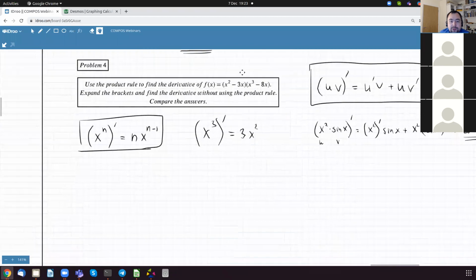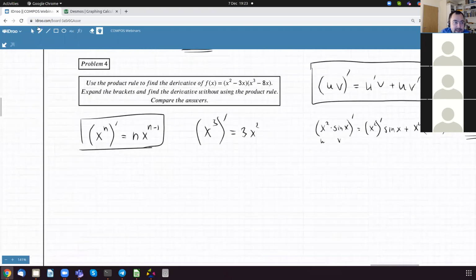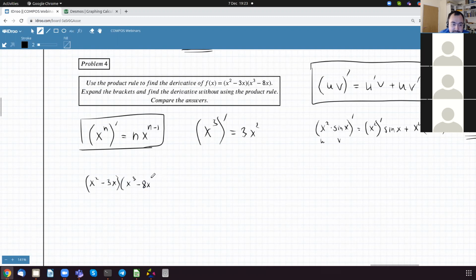And we're going to use the product rule to find the derivative of this. So we have x squared minus 3x times x to the power 3 minus 8x, prime, so the derivative.